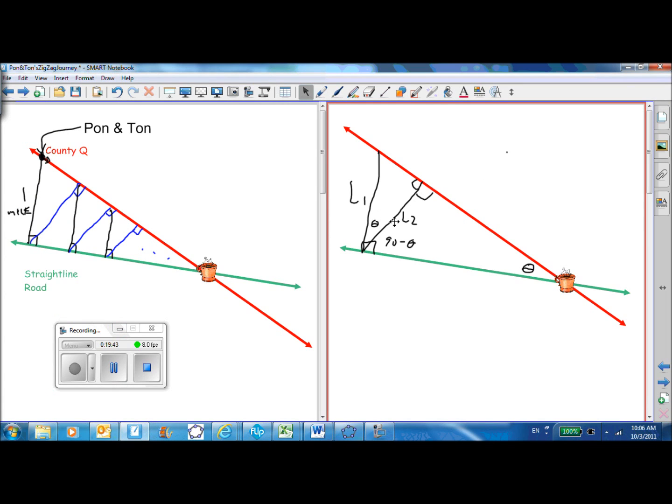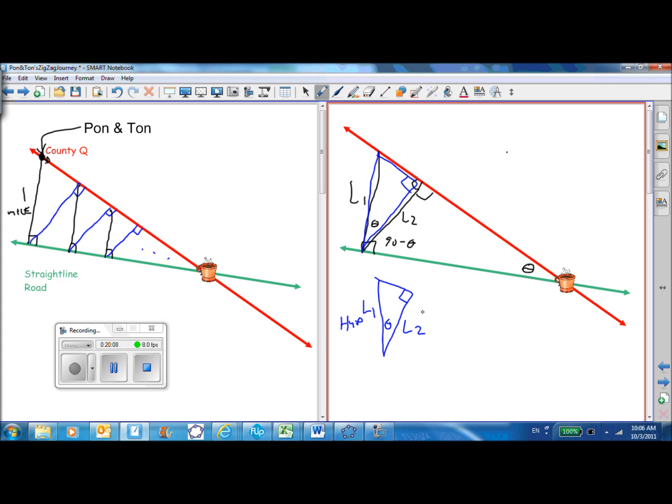And now what's the trig relationship between these two sides? In this right triangle here, this first little right triangle, let's emphasize that in blue here. If I just look at this right triangle now, focus on it, you've got length 1, length 2, and theta. And for trigonometry, remember what this is called?